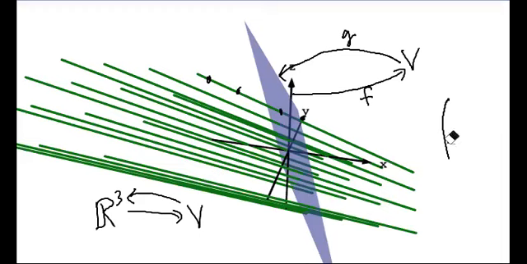Let me get the right shape here for this matrix. We're going to do R3 as the domain. All right, so R3 is the domain, and let's suppose it looks something like this. So we have 1, 0, 1, and then we have -2, 1, 0.